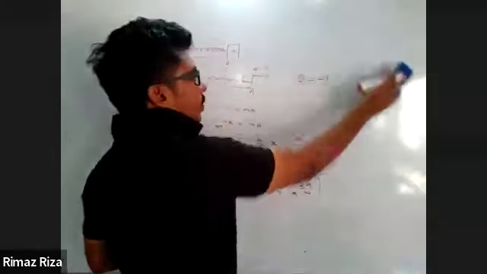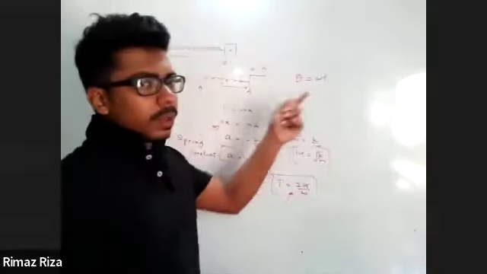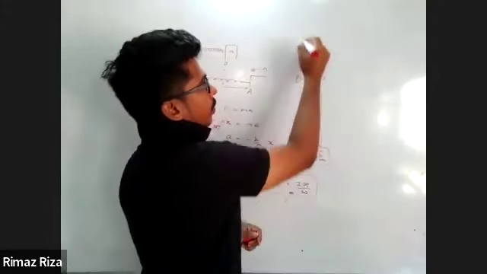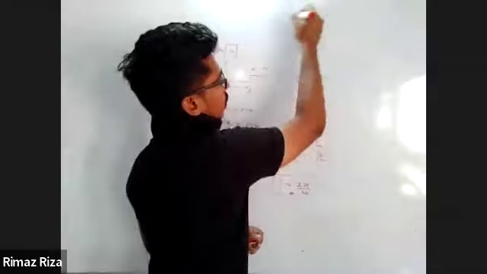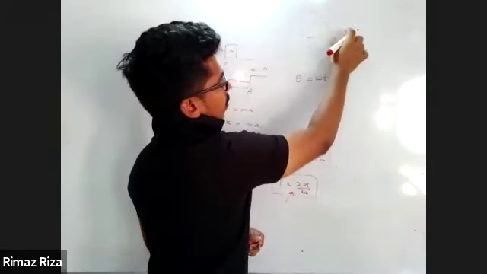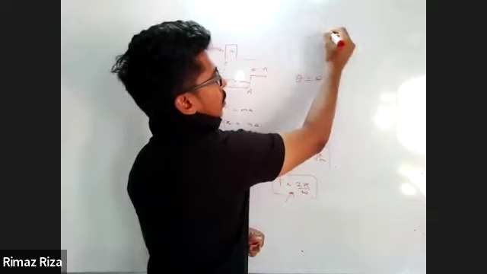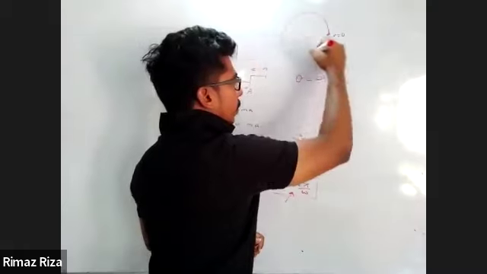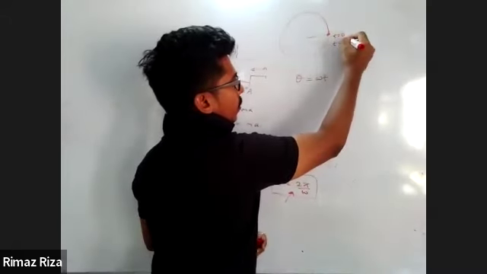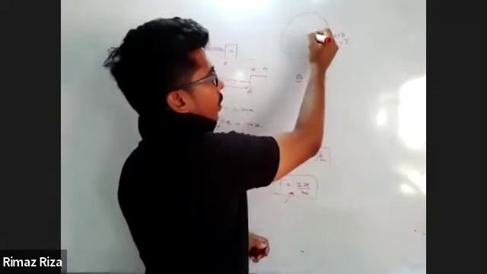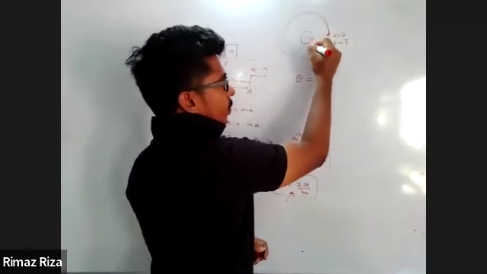Here, T is the time taken for one period. So that means you take a particle, let's say t equals 0, and after one period, t equals capital T, the object will travel 360 degrees.